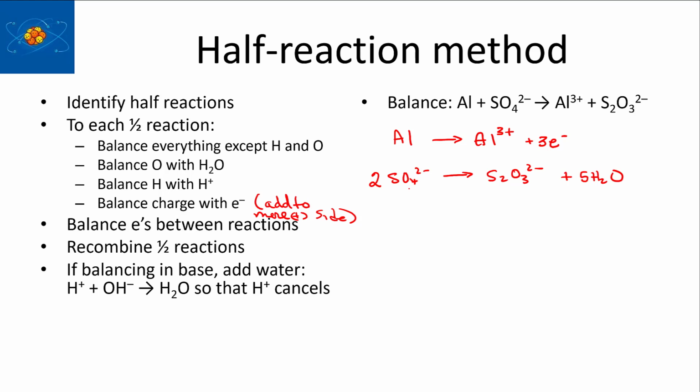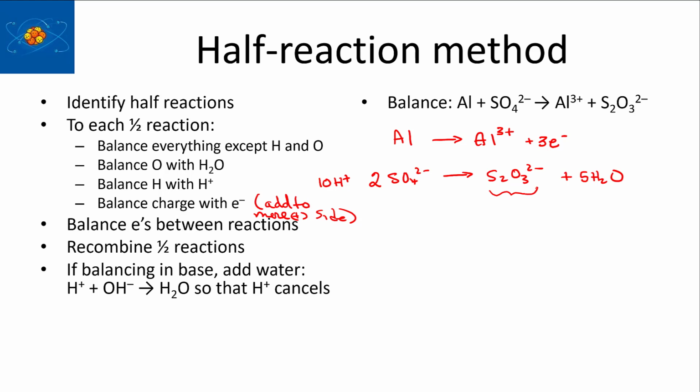Now the order you do this in is very important because when you add the oxygens, you're adding hydrogens. And so now we're going to balance the hydrogens. Once we've added the hydrogens in the water, there's 10. So that means on the other side, I need 10 H pluses. And for this one, I have to balance charge again. So now notice what happens.